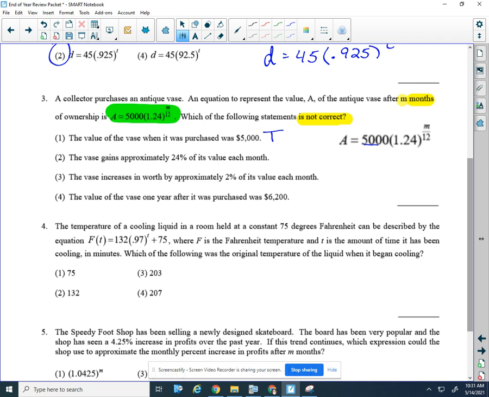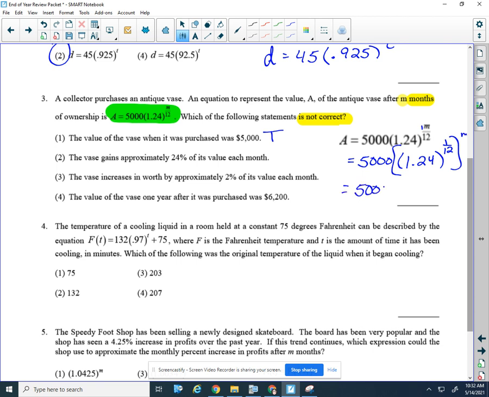The vase gains approximately 24% of its value each month. In looking at this, you might say, sure, the rate is 0.24, so that's 24%. But the problem is, it's not just a simple exponent out here. In order to find out what our true monthly rate is, we need to get rid of this 12. So what we practiced doing during the year is we do 1.24, and then we raise it to the 1/12, because remember there's an invisible 1 there, and then the m goes on the outside.